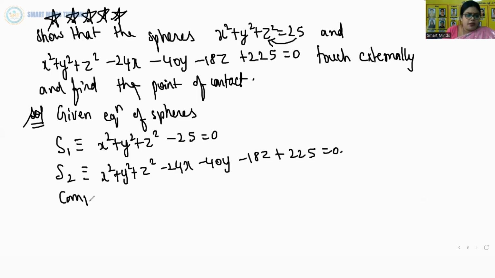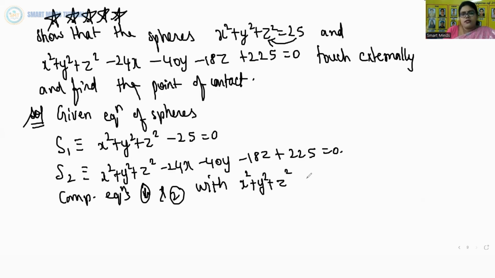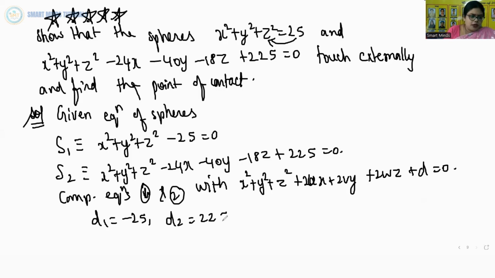Now we compare equations 1 and 2 with the general equation. What is the general equation? x square plus y square plus z square plus 2ux plus 2vy plus 2wz plus d is equal to 0. So you get d1 is equal to minus 25 and d2 is equal to 225.